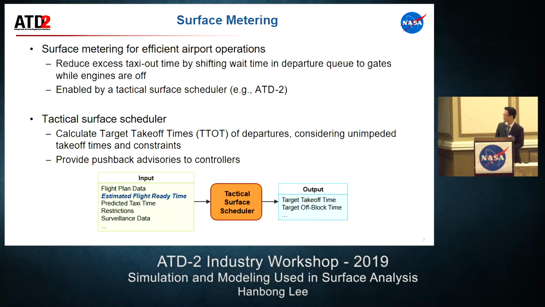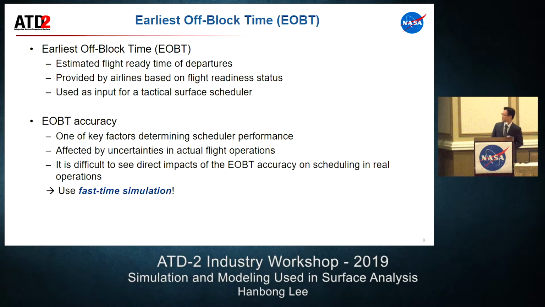But we will focus on the estimated flight ready time, because the estimated flight ready time and the taxi time prediction will be used to compute the unimpeded takeoff time. So this estimated flight ready time will be called the EOBT, the earliest off-block time.